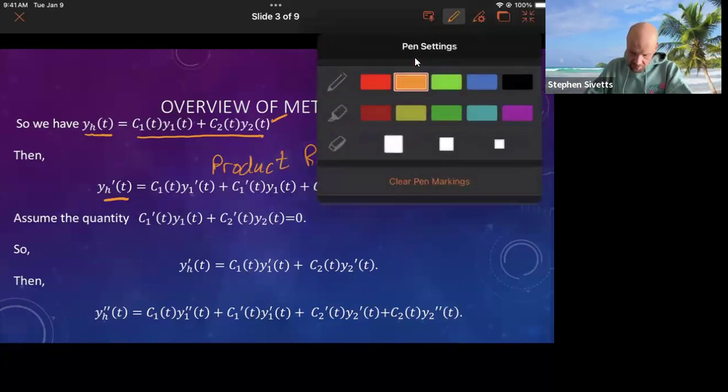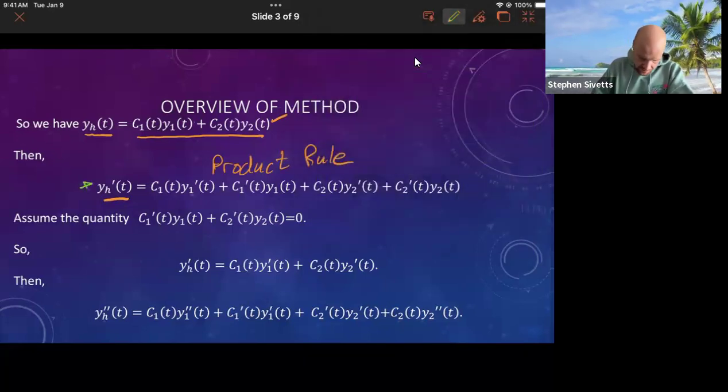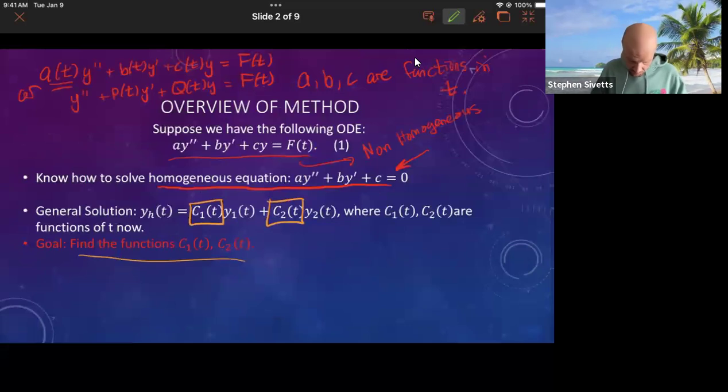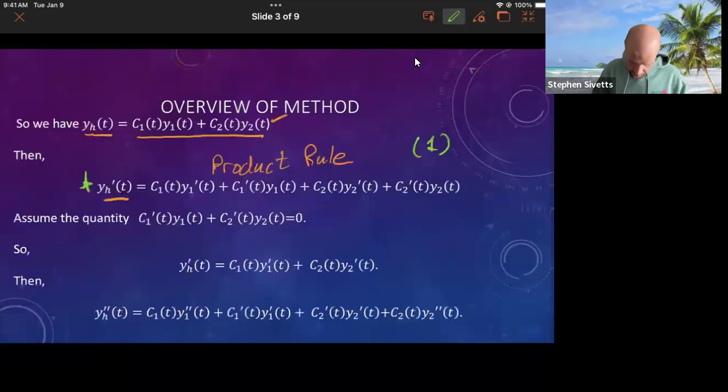So now we're assuming that this is what would look like to be the general solution of solving equation one right here, right?